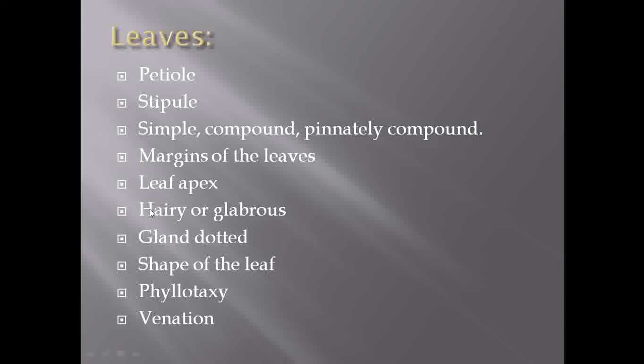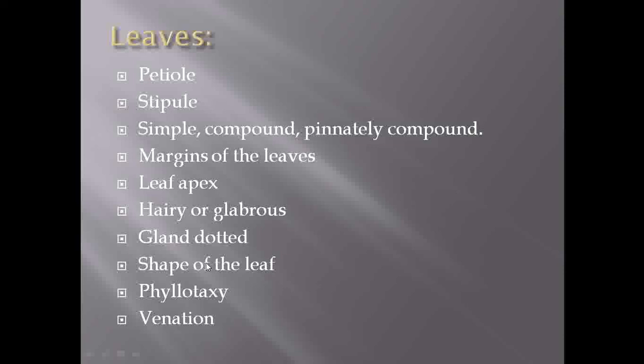Then whether the leaf is hairy or glabrous, whether it is gland dotted. Basically those plant species which give fragrance, on the dorsal side of the leaf, if you observe under the light, you are going to observe either yellowish or reddish gland dots which store the essential oil.